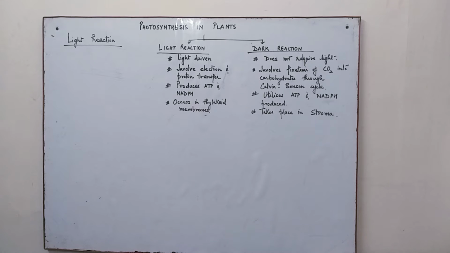So we'll be studying here the light reaction and the dark reaction to completely understand the process of photosynthesis in plants. Now, coming to the light reaction, I hope you have understood the difference between the light reaction and the dark reaction. The light reaction is also known as the photochemical phase.